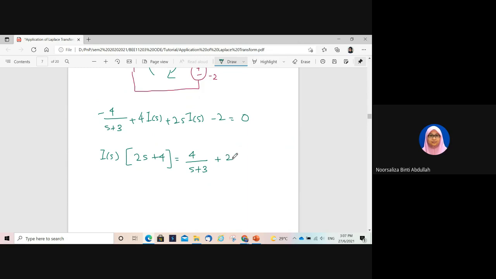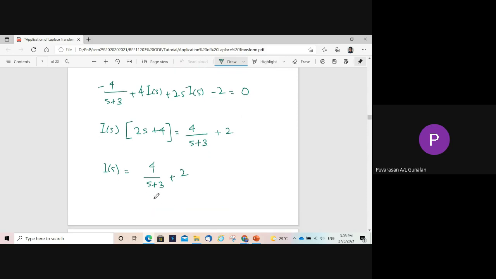And then IS equals to 4 over S plus 3 plus 2 divide by 2S plus 4.